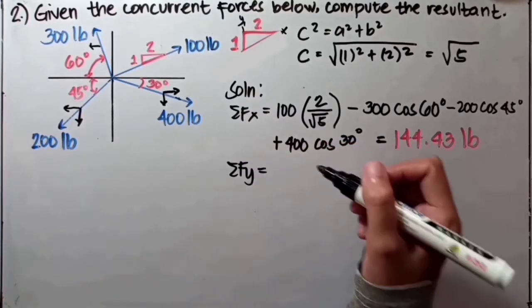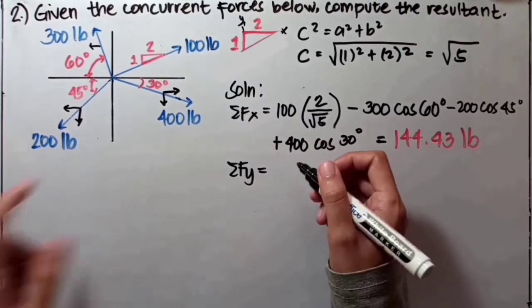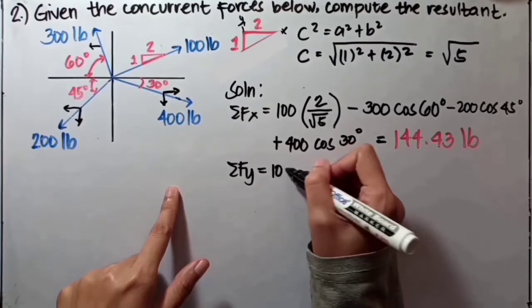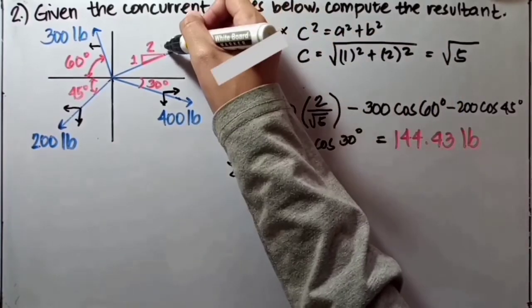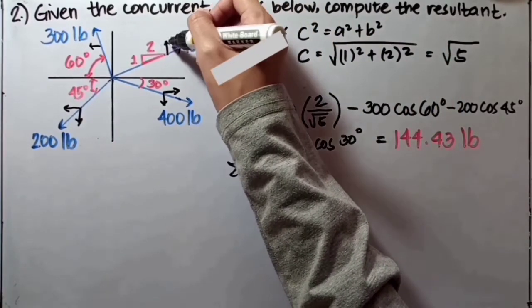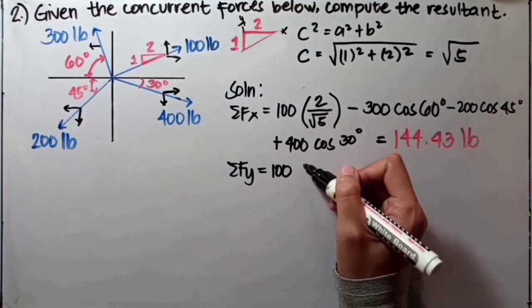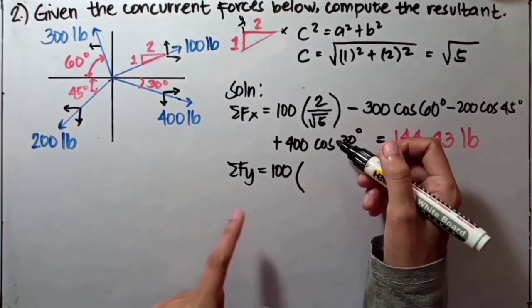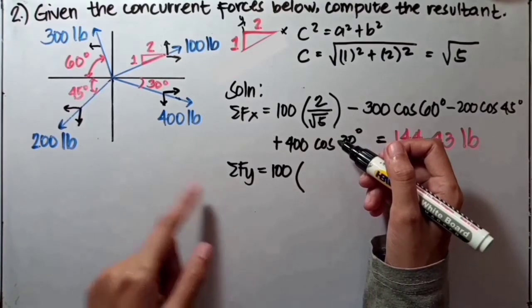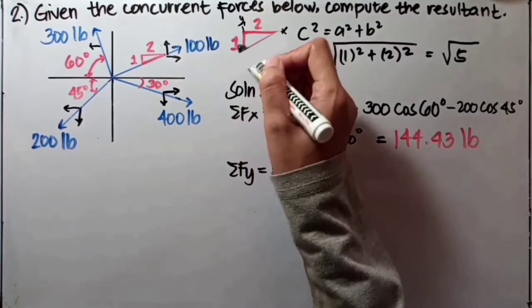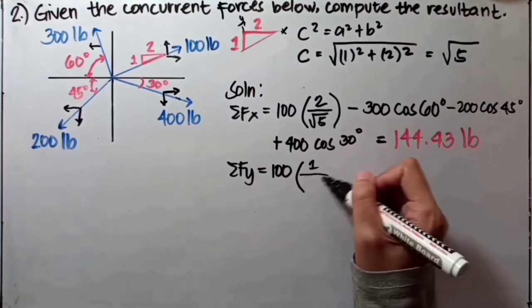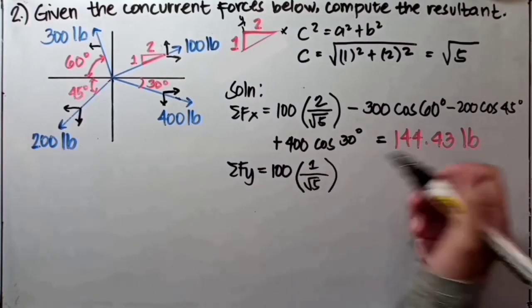So, same pa rin sa naunang problem. And then, 100. Positive siya since ang y component nito is going up, and then yung x component. So, 100 times the y-axis slope divided by the hypotenuse. So, ang y-axis natin is yung 1 divided by the square root of 5.